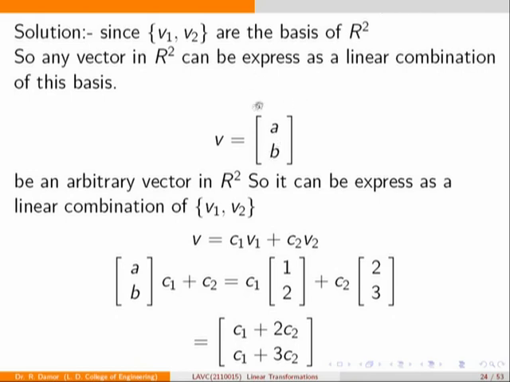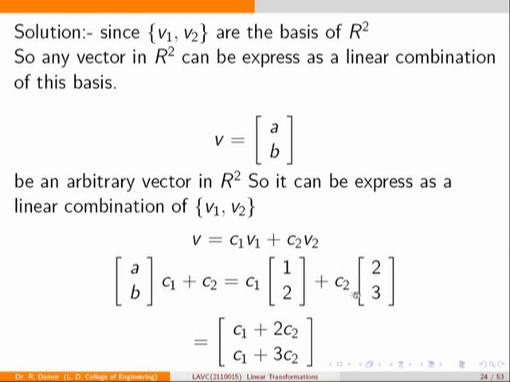Now you have to take this arbitrary element of R2, and as said previously these bases are V1 and V2, so (a, b) can be expressed as a linear combination of V1, V2. Clear? So this C1 and C2 are the scalars, and any vector can be written as C1 V1 plus C2 V2. So (a, b) equals C1 times (1, 2) plus C2 times (2, 3).